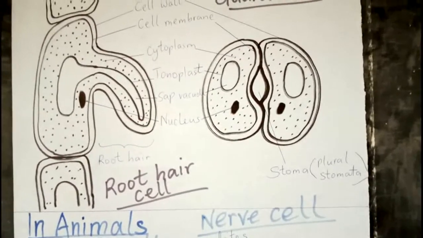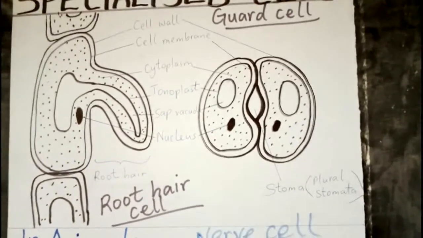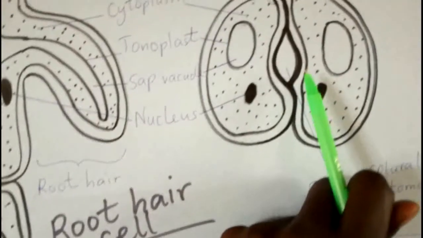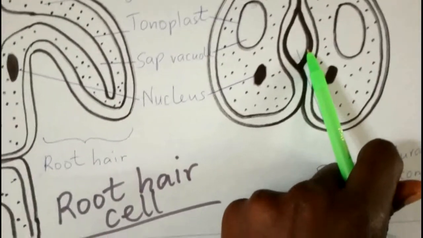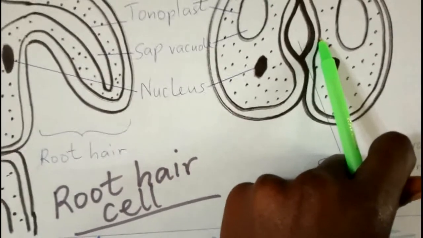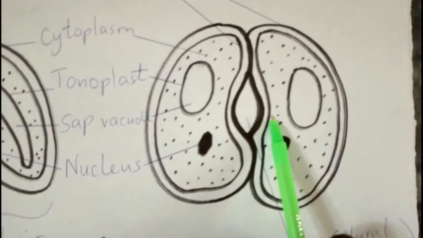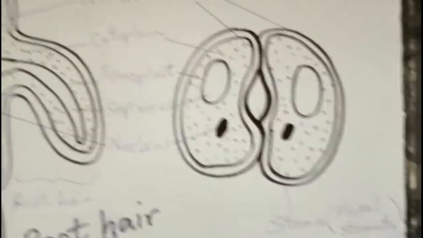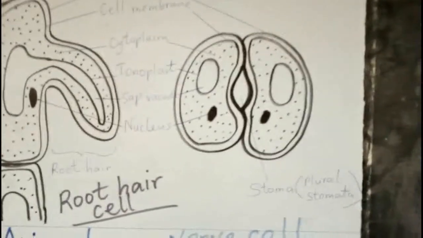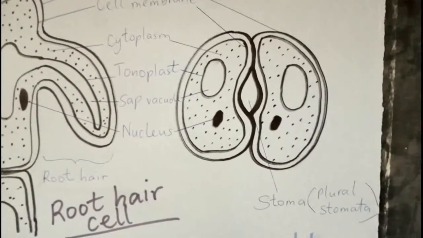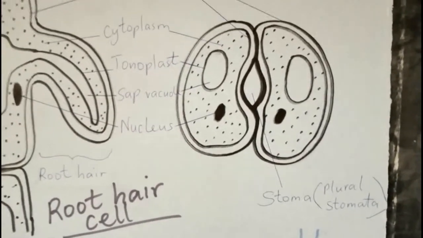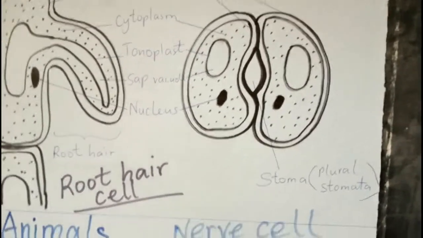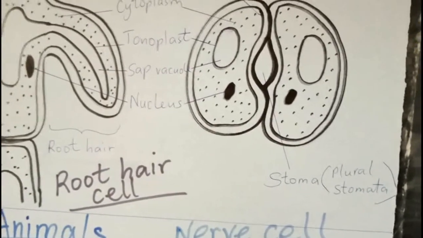Adaptation of these guard cells may include having a thick wall in the inner side and a thinner wall from the outer side, hence enabling it to bulge open and maybe close down appropriately at the right time. We also have another adaptation that they have chloroplasts, hence they are able to photosynthesize.